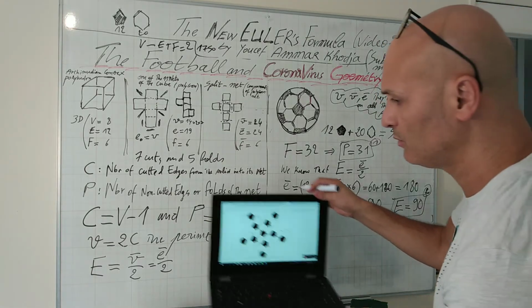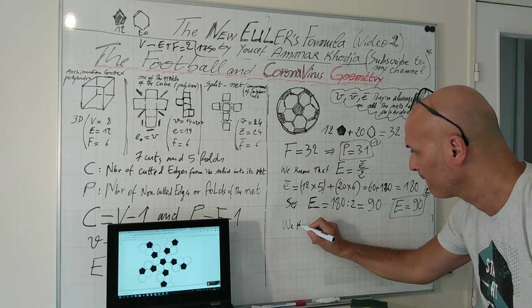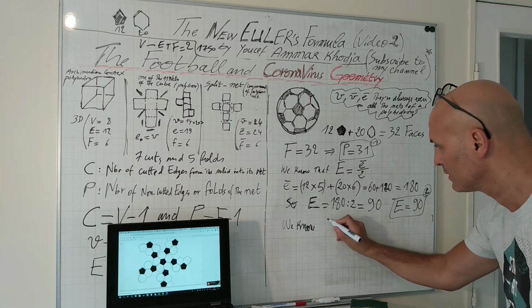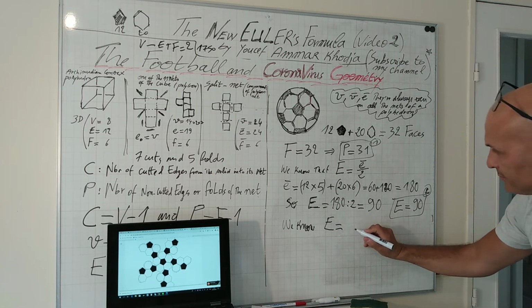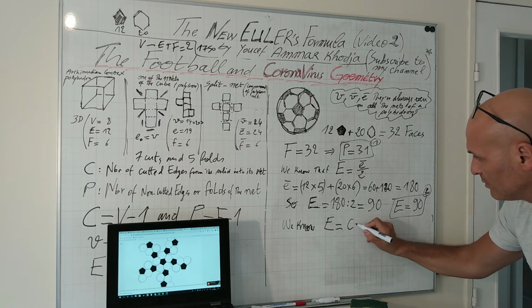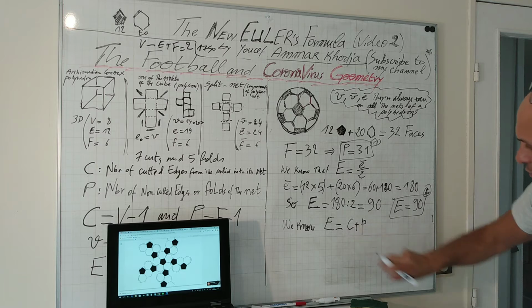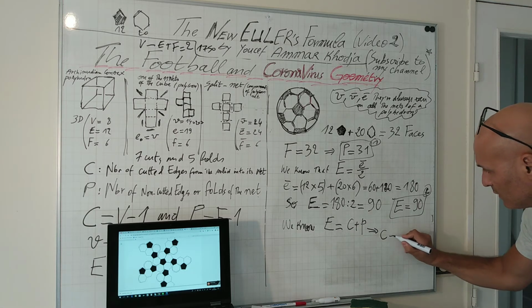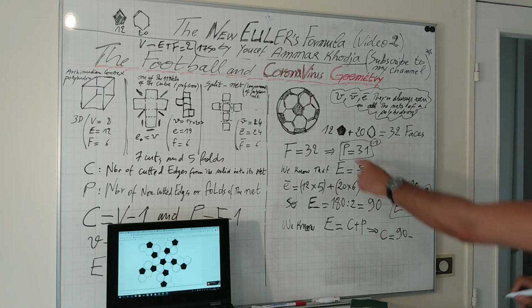So we know that E equals C plus P. We've got E and we've got P, so we can compute C. That makes C equals 90 minus 31.